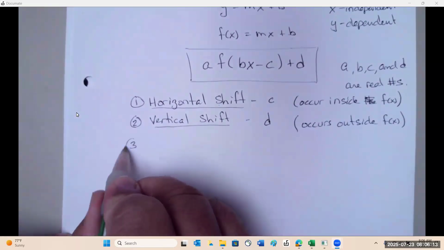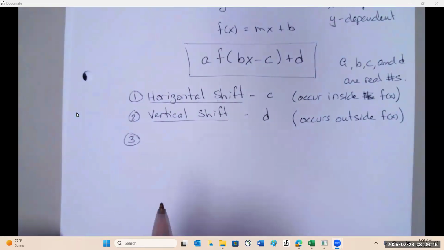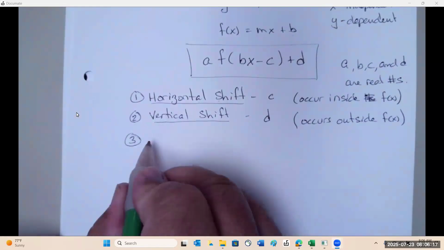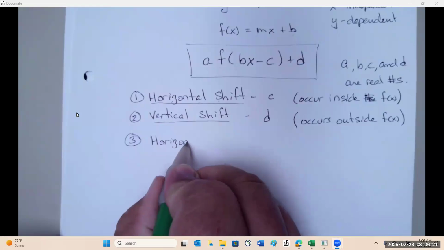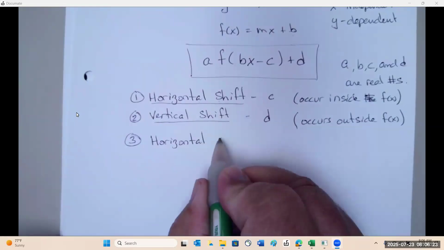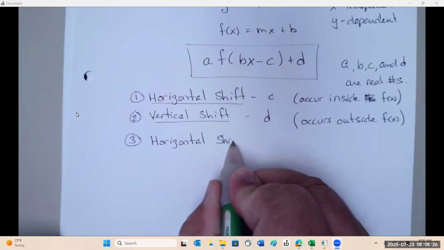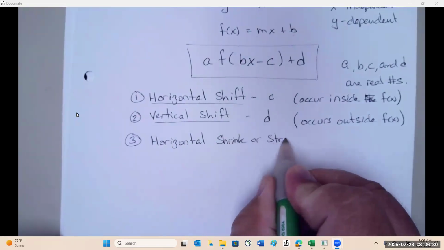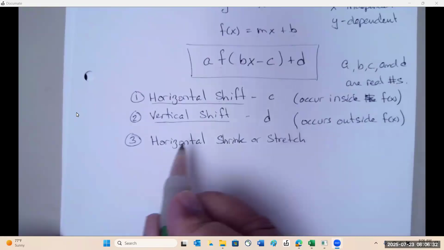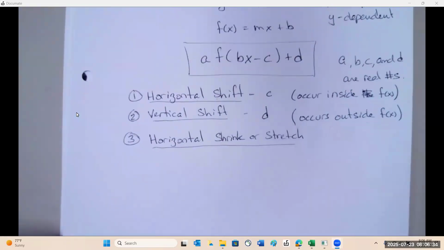The third transformation is horizontal shrink or stretch. What does that mean?